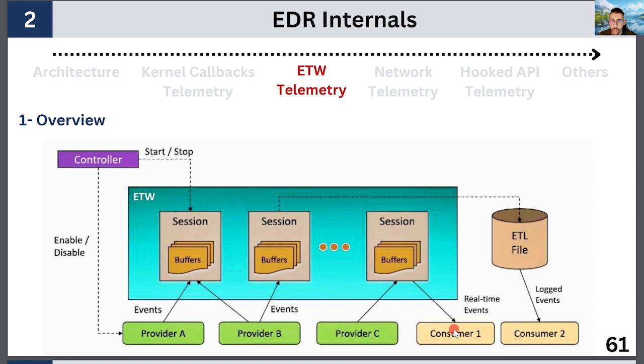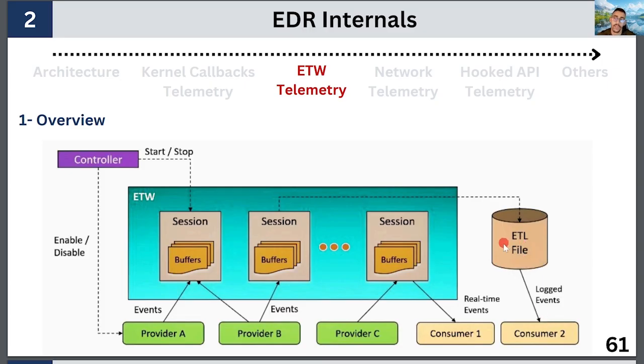Consumers are applications or tools that process events. There are two ways to consume events: either real-time consumers like consumer 1 that read events directly from ETW session buffers as they are generated, and logged event consumers like consumer 2 that read events from ETL files stored on disk.